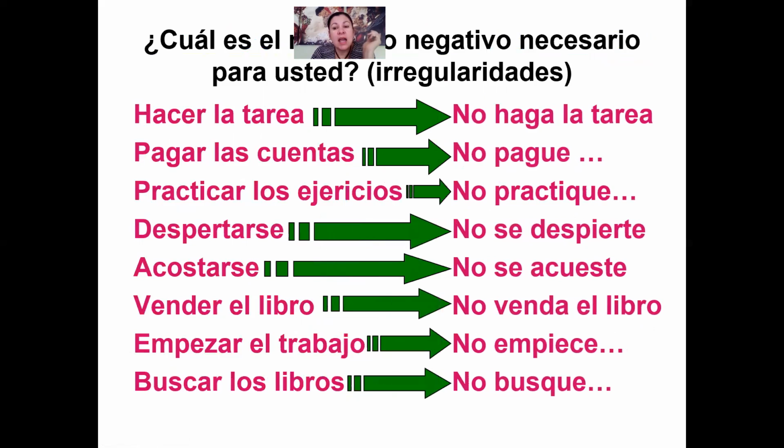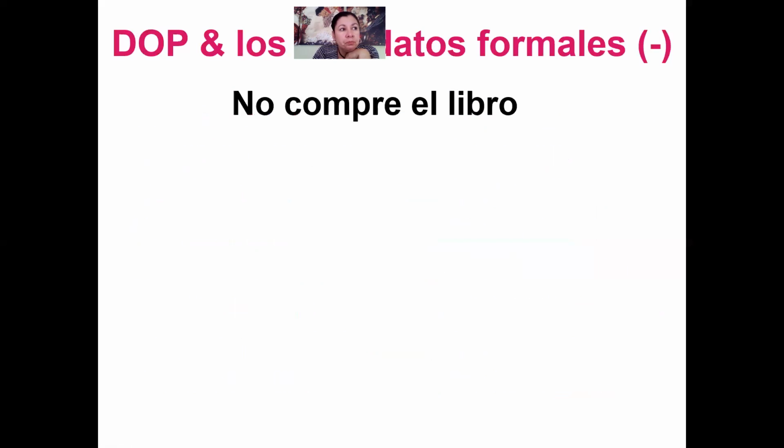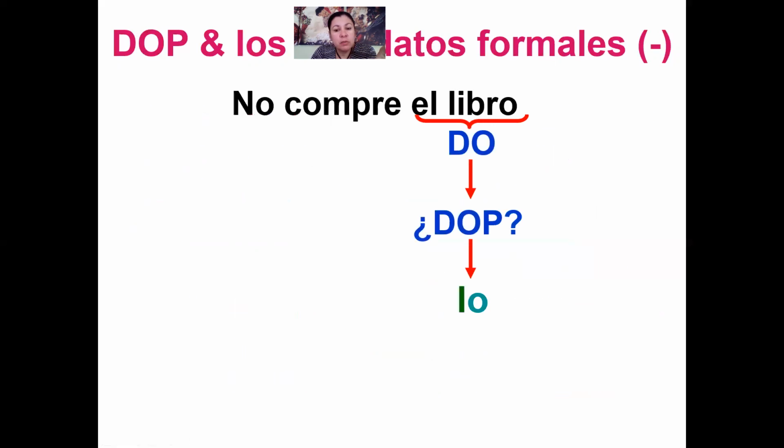Now, tarea, cuentas, ejercicios, libros are the direct objects. How do we do these negative formal commands with direct objects? Remember, libro is our direct object. We know that we replace it with lo. And in the affirmative form, you attach it to the end of the command, but in the negative, you don't do that. That's not an option. You put it before the command, between the no and the command.